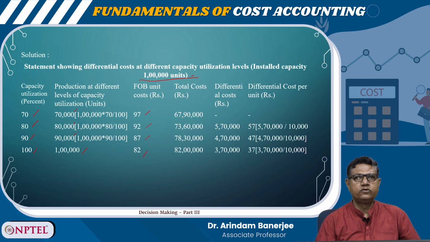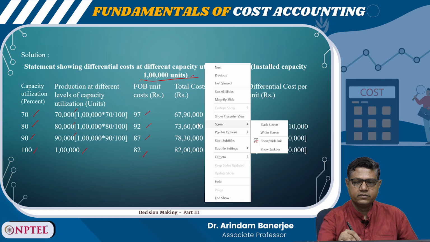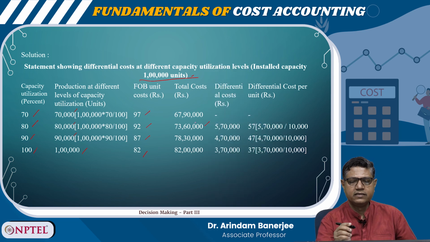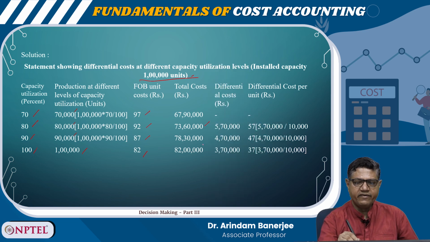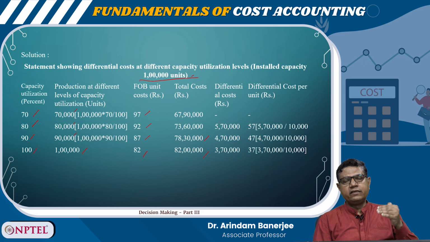Total cost I can calculate by multiplying this, 70,000 into 97. So, it will come to 67 lakh 90,000, 73 lakh 60,000, 78 lakh 30,000 and 82 lakh, right. If I take the difference, I will get the differential cost.